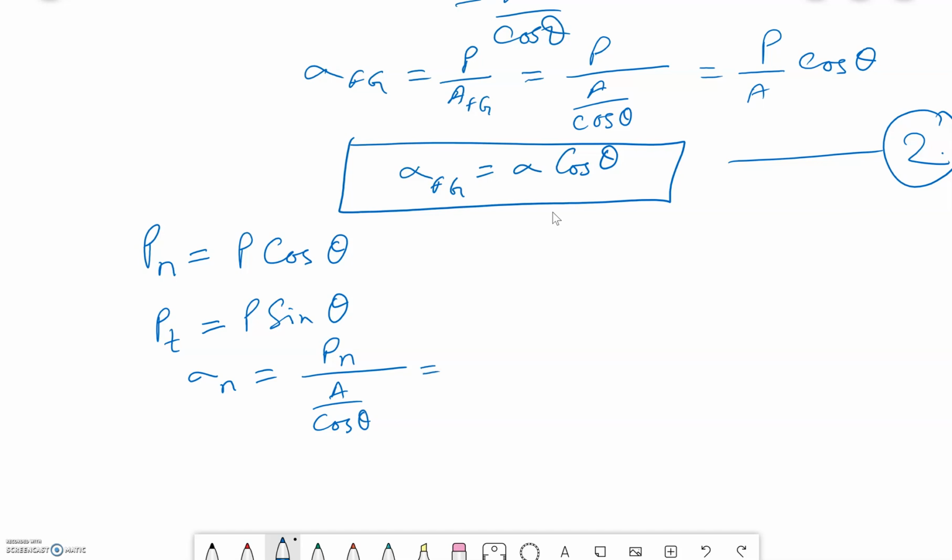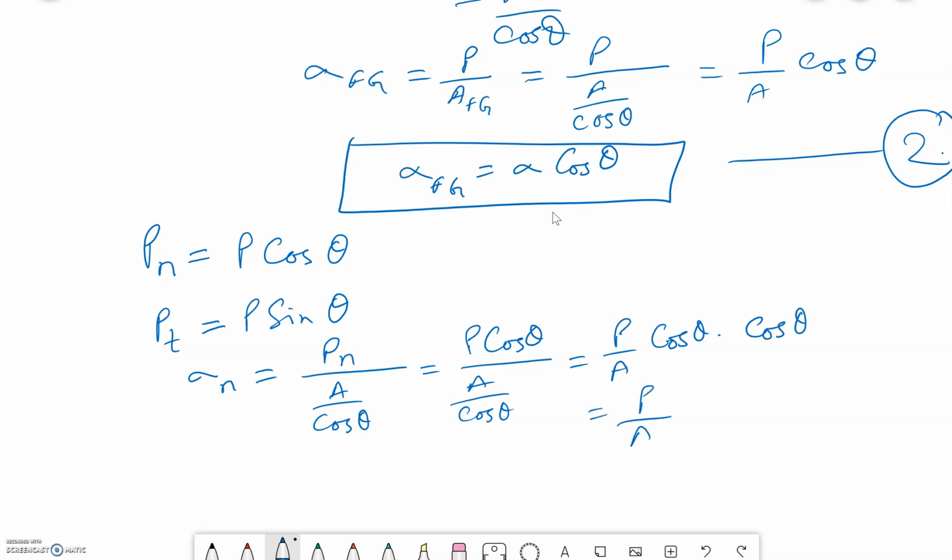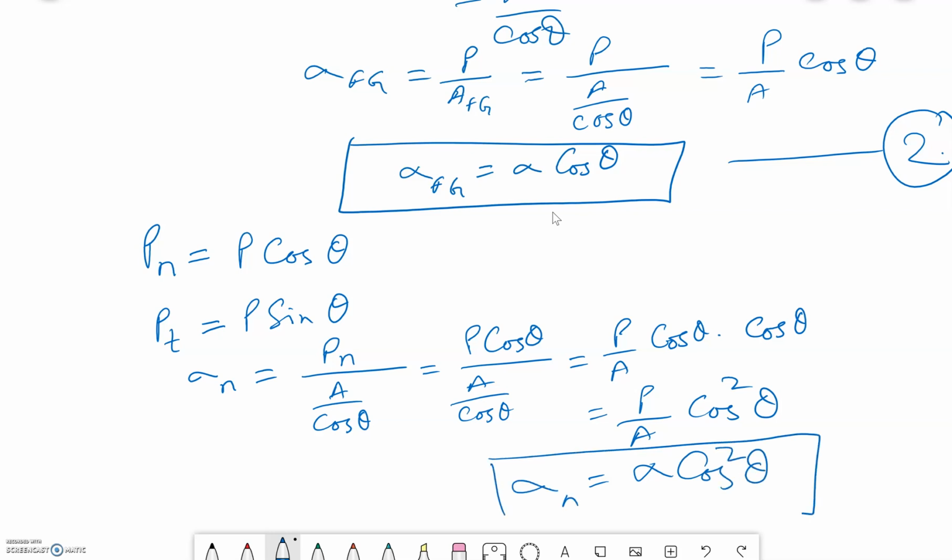Simplifying this further, Pn is nothing but P cos theta, divided by A by cos theta, which becomes P by A cos theta times cos theta, giving you P by A cos square theta. P by A is nothing but sigma, so sigma n is sigma cos square theta. This is your formula number 3.